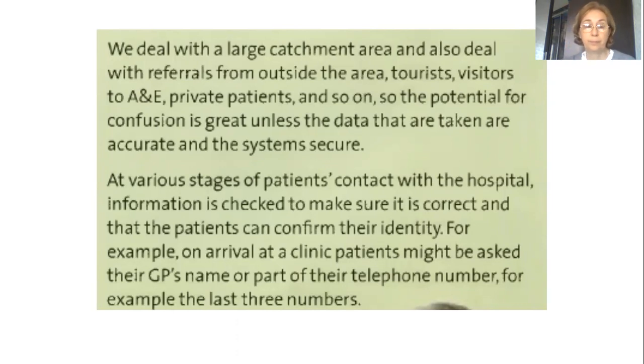At various stages of a patient's contact with the hospital, information is checked to make sure it is correct and that the patients can confirm their identity. For example, on arrival at a clinic, patients might be asked their GP's number or part of their telephone number, for example, the last 3 numbers. Then, during the consultation, a nurse or a doctor might also ask. Let's stop here.